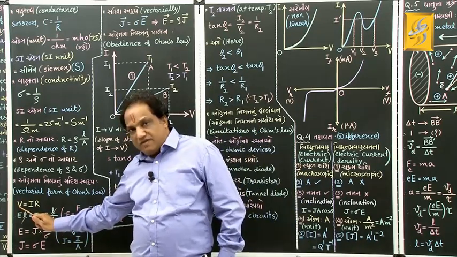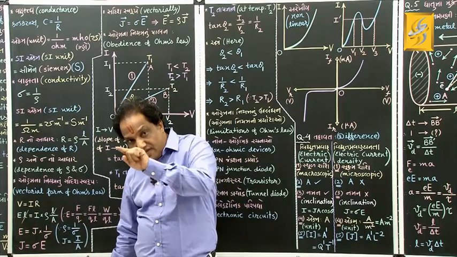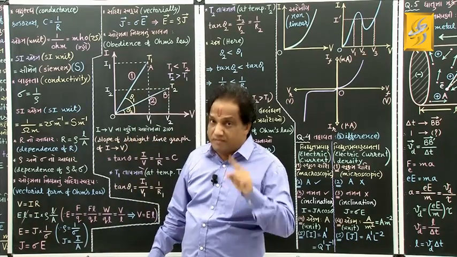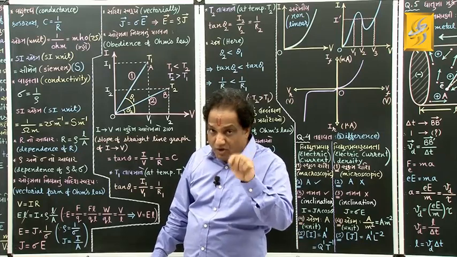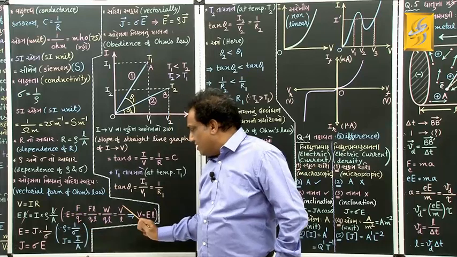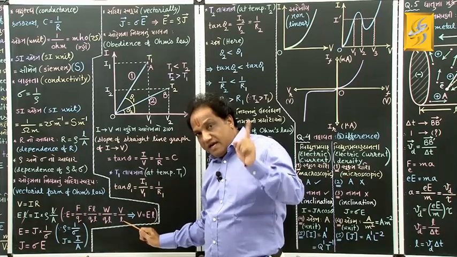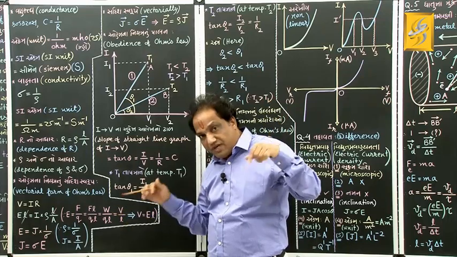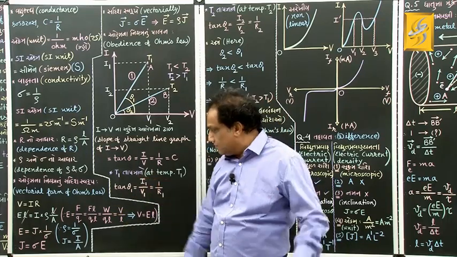Last time we had obtained one expression for the electric field inside the straight metallic wire. What was that formula? Remember? E equals V upon L. Last time I had derived this formula using another approach. Now this approach is a bit different. I am showing you that also.